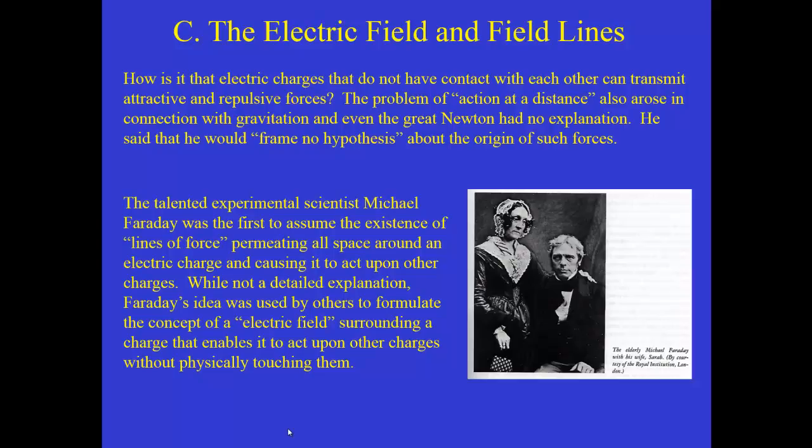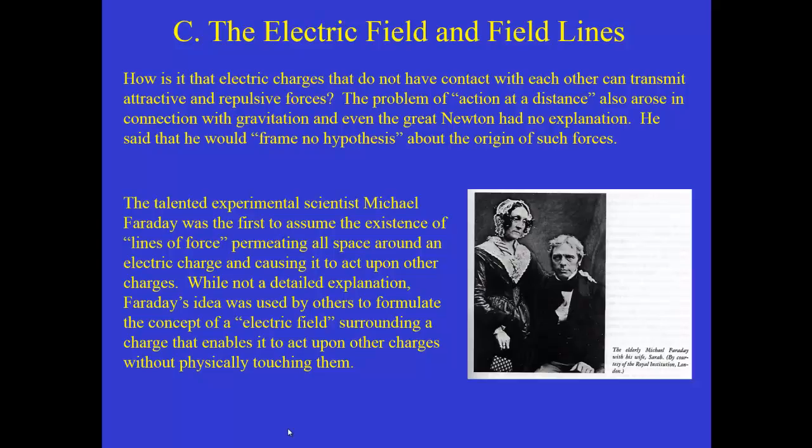So this was not really a very highly mathematical explanation when Faraday first proposed it, but it became the basis that others used for the idea of an electric field surrounding the space around a charge. And so this electric field is the way that one charge can act upon another charge that is in the vicinity without actually coming in contact.